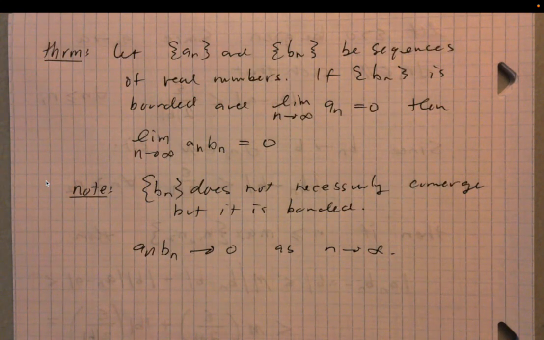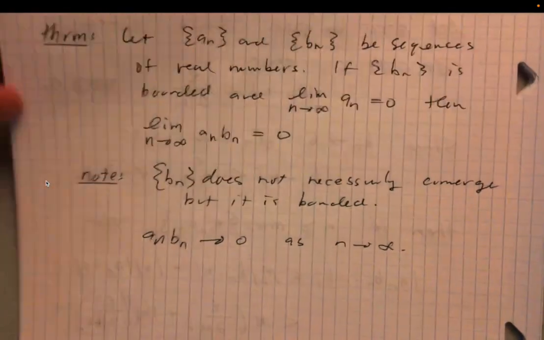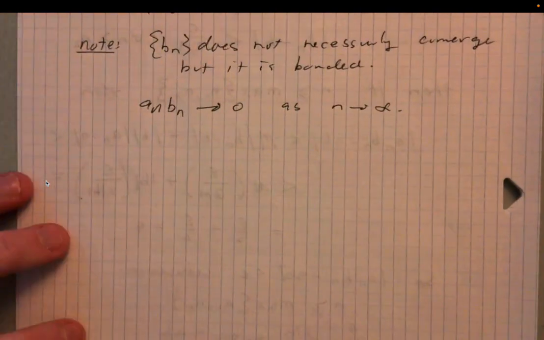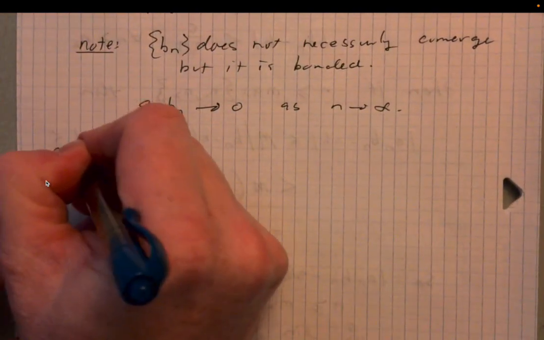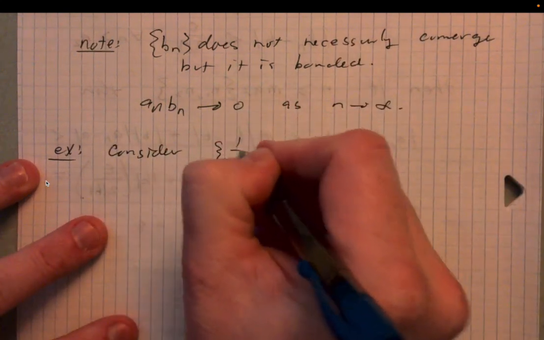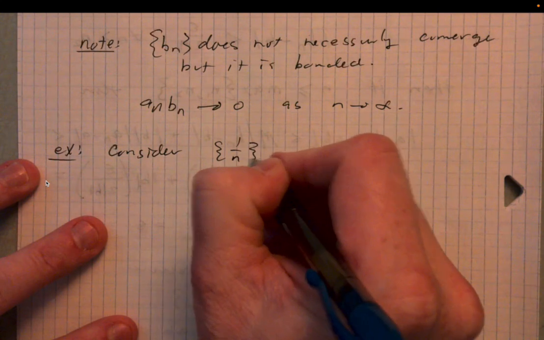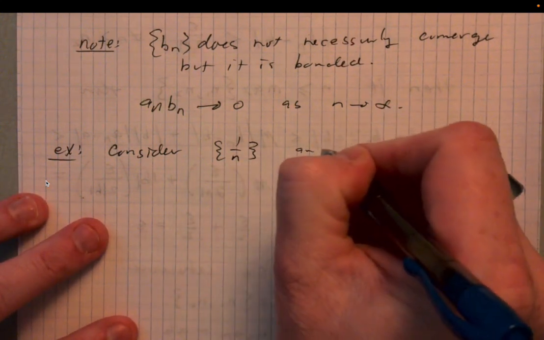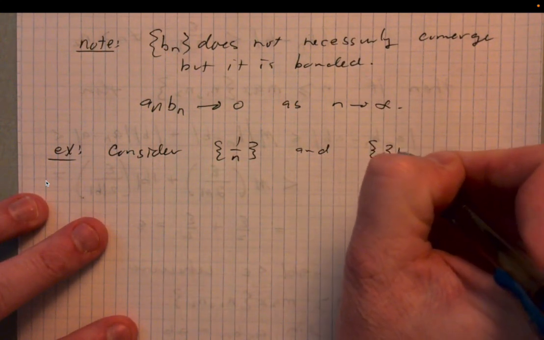Okay, a nice little theorem, and I don't think we'll prove it. But one of the keys here is that b sub n must be bounded, and to see that this doesn't work for any pair of sequences, let's do an example. Let's consider the a sequence to be 1 over n, and the b sequence to be 3n.